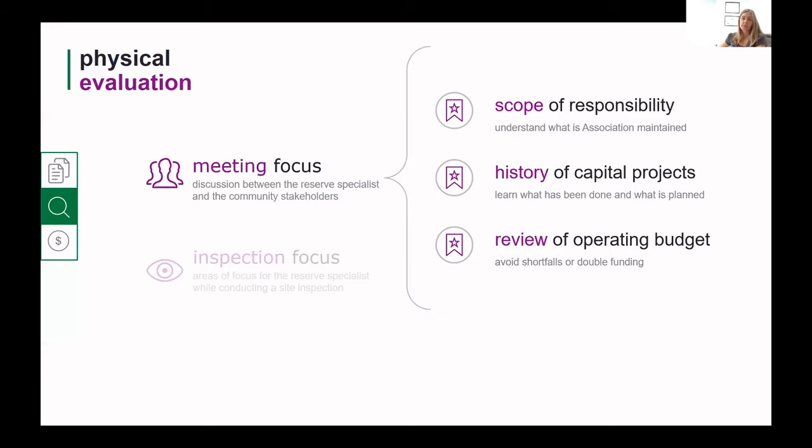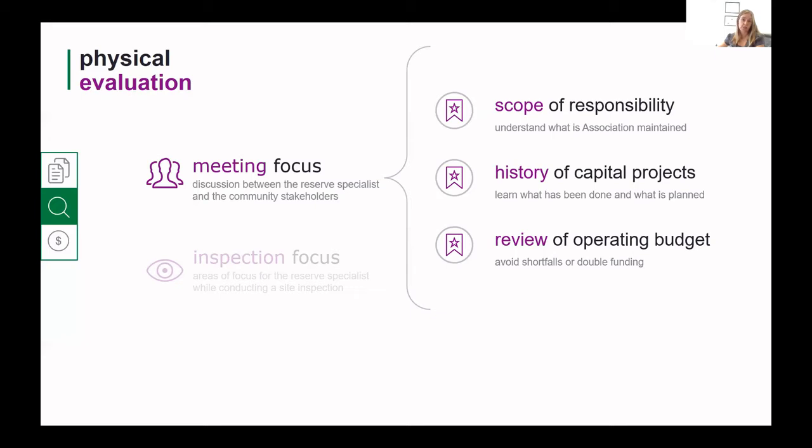We're also going to want to discuss a history of any capital projects. So if you've just completed recent projects, maybe you've renovated the clubhouse or performed facade maintenance at a mid-rise, we want to understand what was done as part of those renovations so that we can accurately inspect and forecast out moving forward, and make sure that that's accommodated in the reserve study.